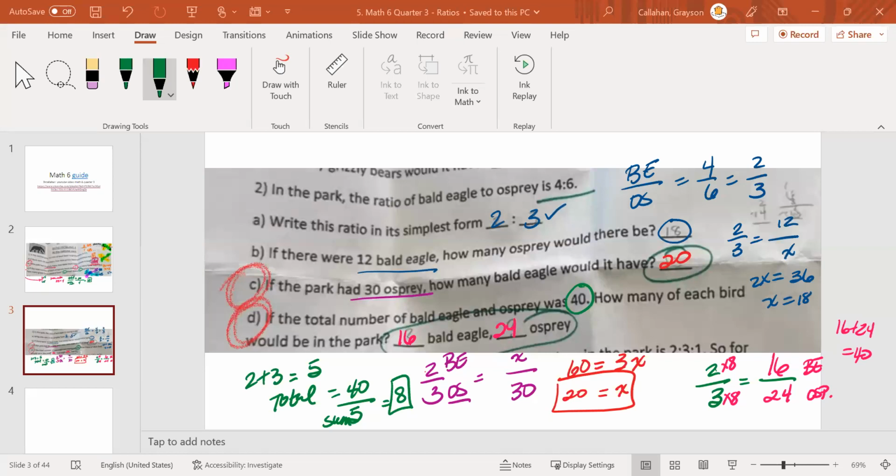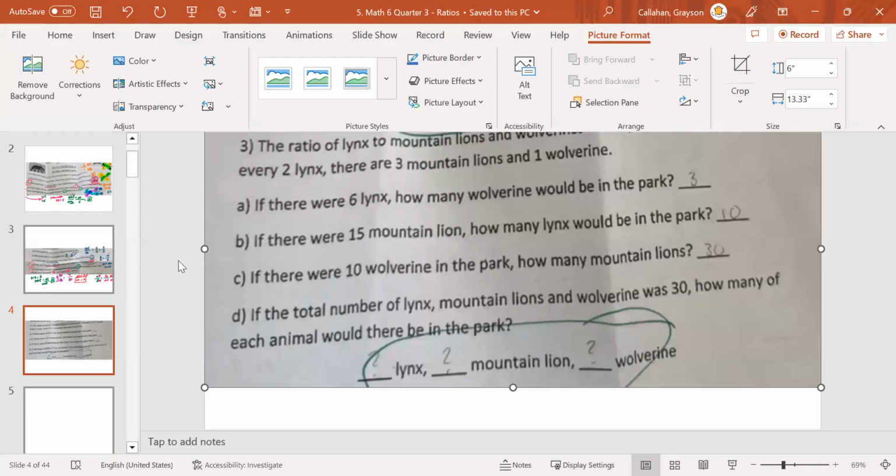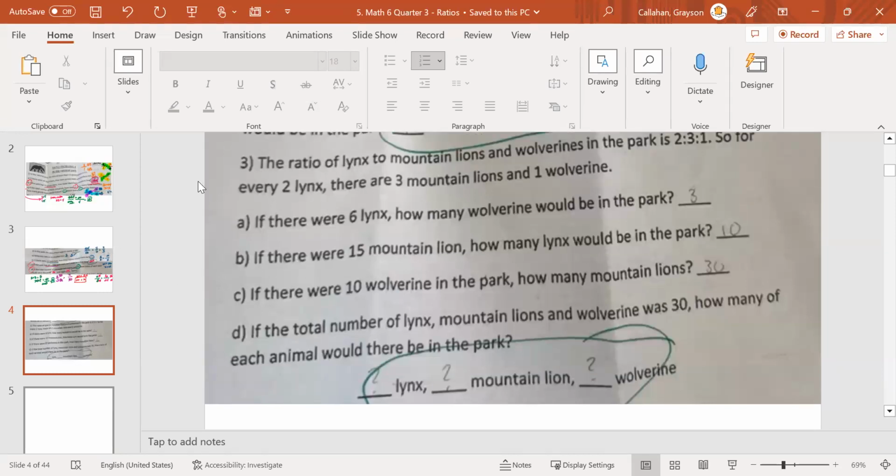All right, so let's go ahead and take a look at the next part of this. Okay, so for number 3, the ratio of lynx to mountain lions to wolverines.